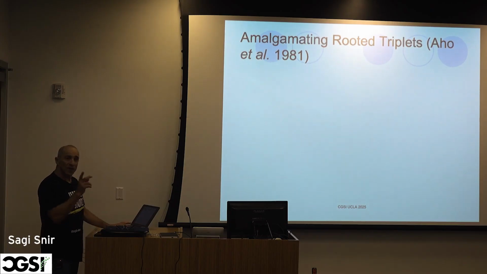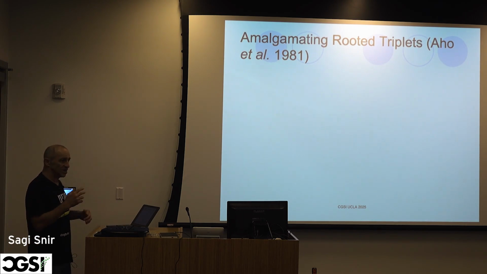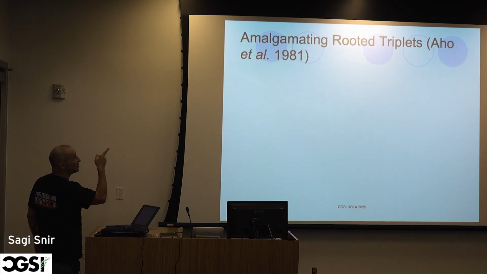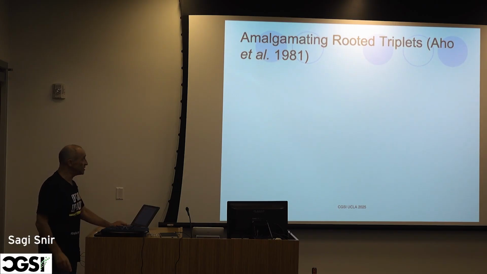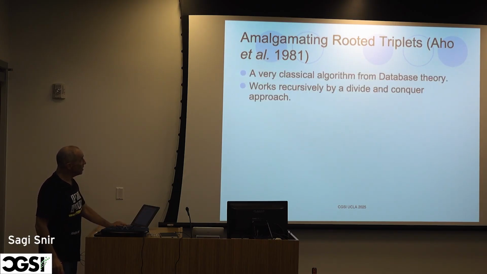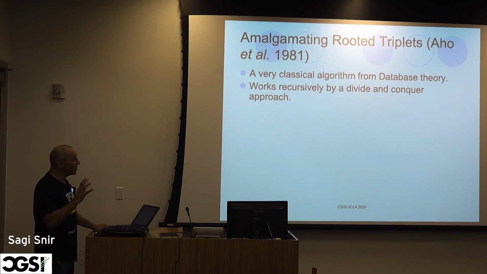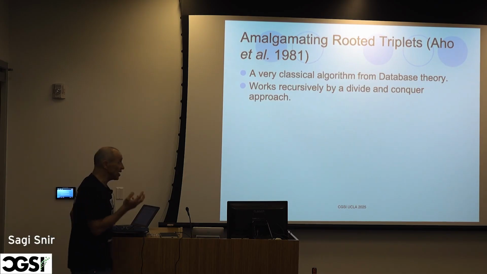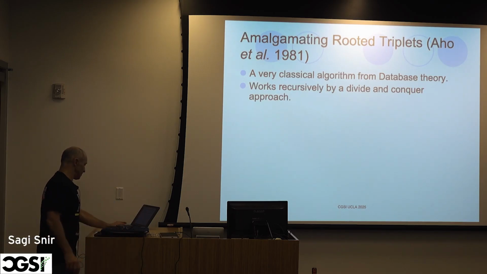Okay, a very surprising result that was found after some investigation, not by myself, is this very cute algorithm that came actually from database theory, that works recursively by divide and conquer. And this divide and conquer is the underlying approach in supertree whatsoever.